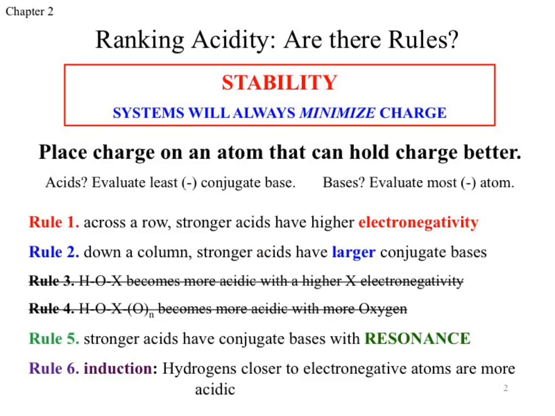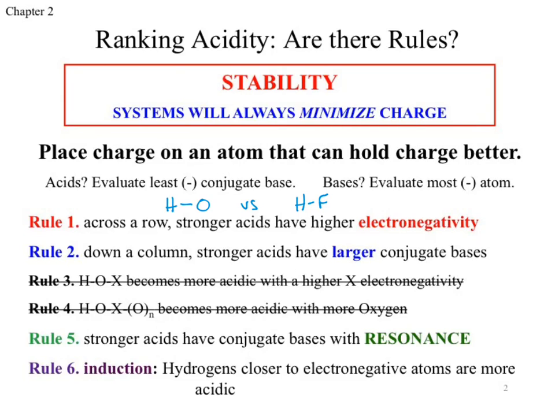Okay? So if we compared, let's see, is this going to work? Yeah, we can do this. And again, I'm not going to balance out the charge on this, but let's say H bonded to O versus H bonded to F. Which one's the stronger acid? HF. What's the name for HF?